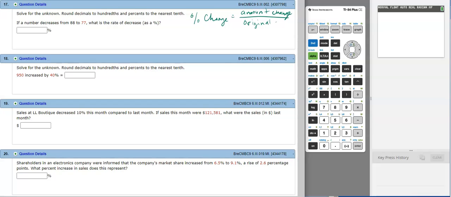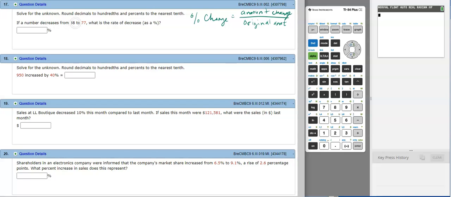Because if something changes, it's changing from something to something else. And the original amount where it came from will go onto the bottom here. And when we do this kind of a division, it's going to give us a decimal. And so we would have to convert the decimal to a percent in order to get the percent change. But let's see how that works for this one.